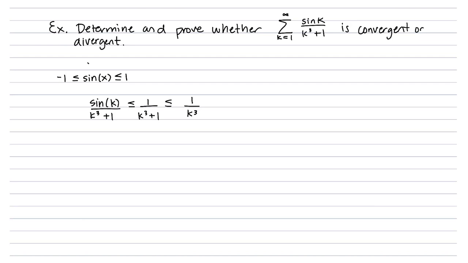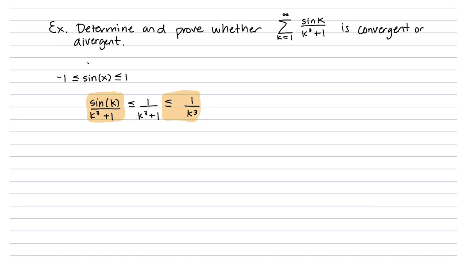So there's an inequality that relates our original series, sine k over k cubed plus 1, to a p-series that we know something about, right? Because I know that a p-series would be convergent for the power 3 on the bottom. So I'm going to disregard that middle step here. We'll just highlight the relevant inequality that we're looking at.